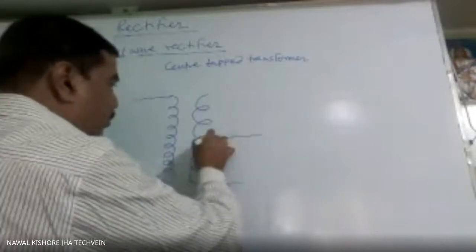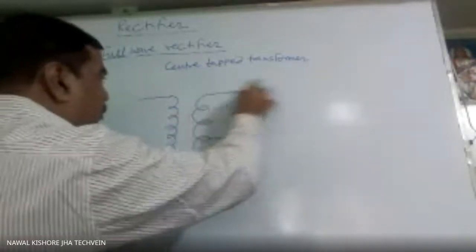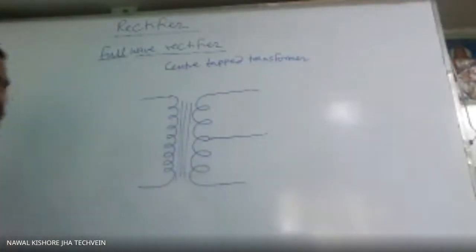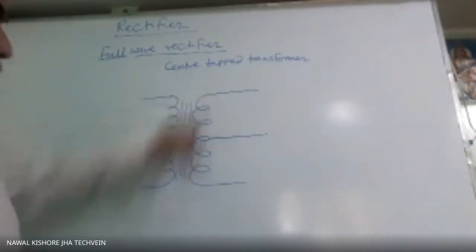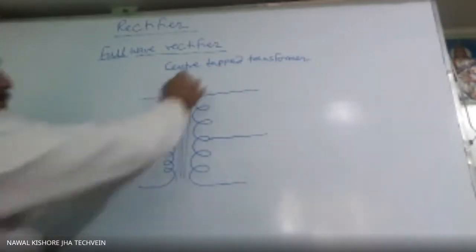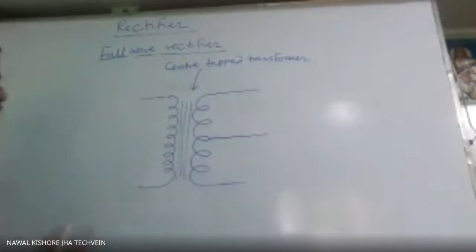So one wire is connected from here also. If we want output voltage of 6 volt, then this must produce 12 volt, twice of that. If we require 12 volt output, then potential difference from here to here will be 24 volt. So this type of transformer we call centered tap transformer. This is again input.